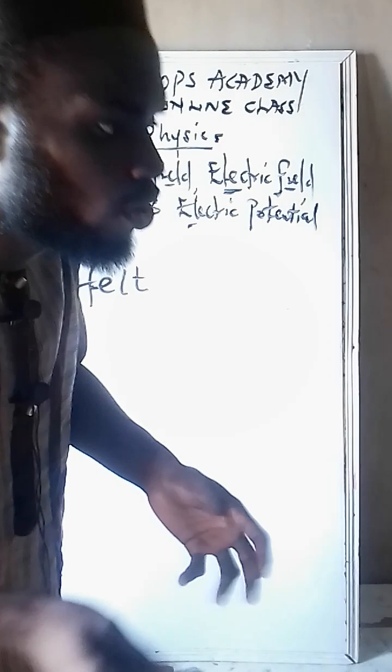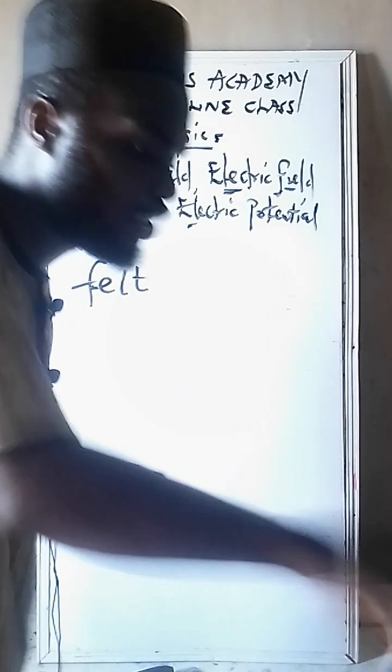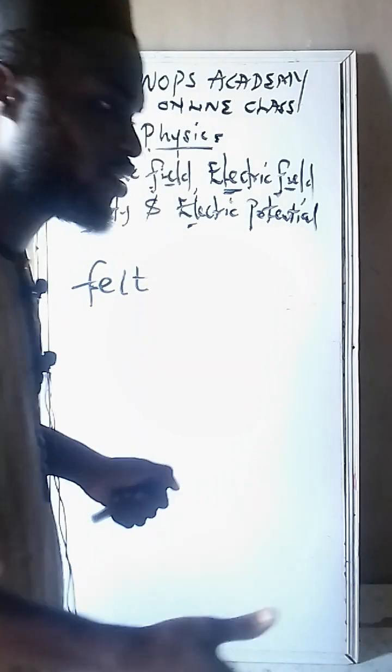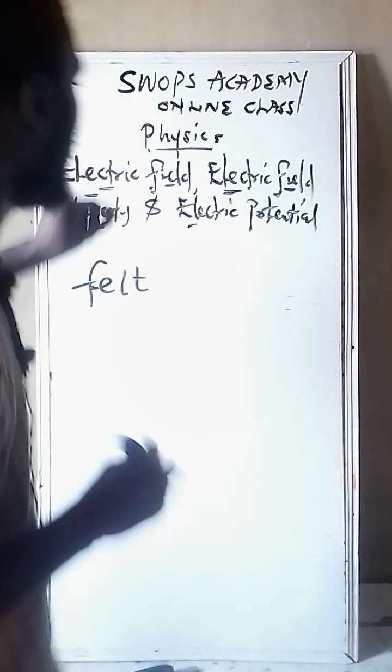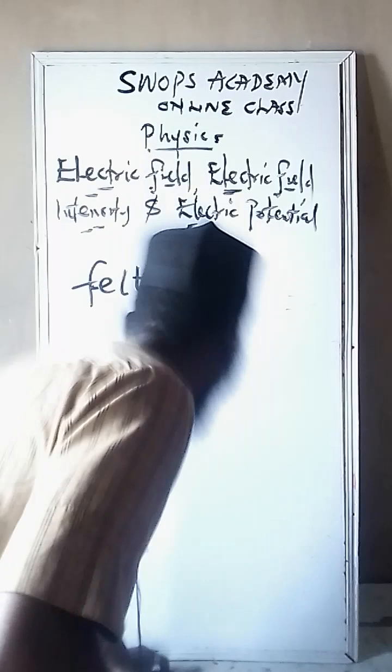So a region where the effect of electricity is felt and experienced is what we know as electric field. That is a region where the transmission, the generation, the distribution of electricity is being performed. That particular region, we call it electric field.